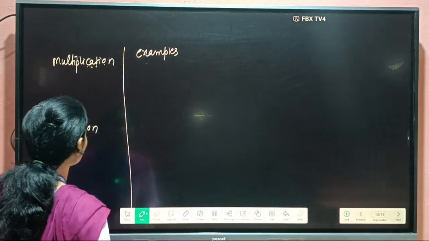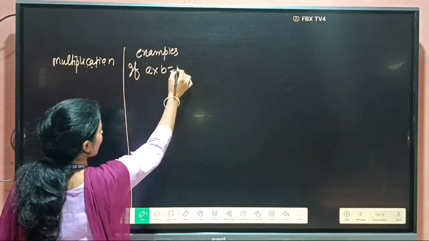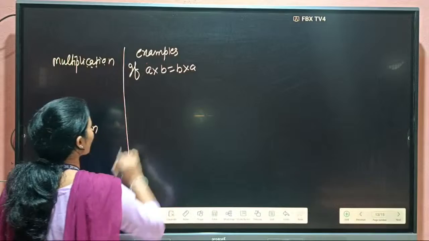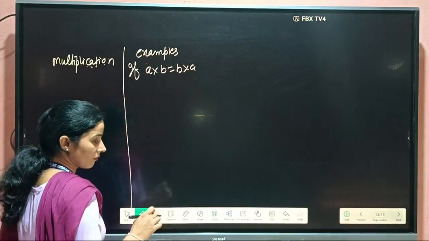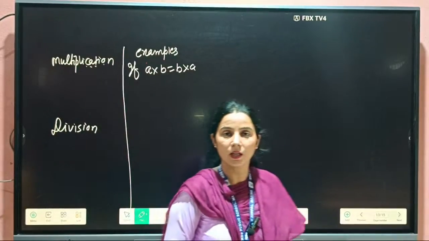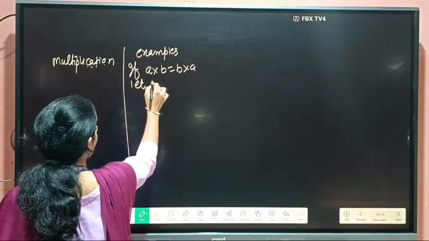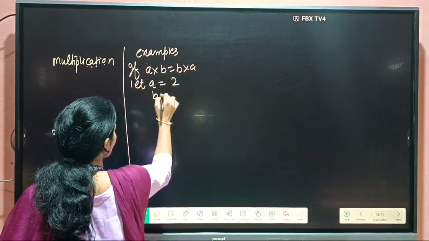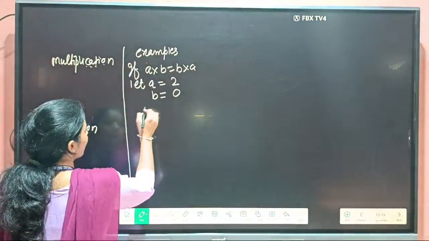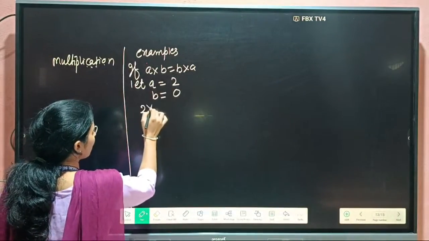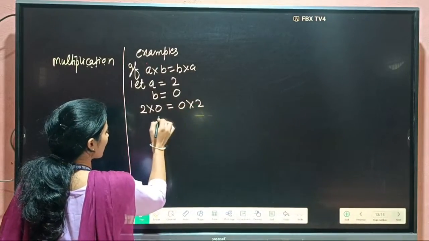Okay. If A into B is equal to B into A, then I will say multiplication is commutative, otherwise no. This time we need to consider the values of A and B from whole numbers. Let A equals 2 and B equals 0. Then 2 into 0 is 0 and 0 into 2 is 0.